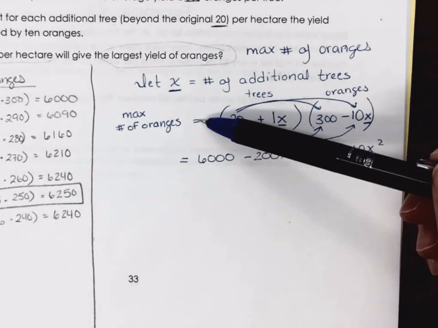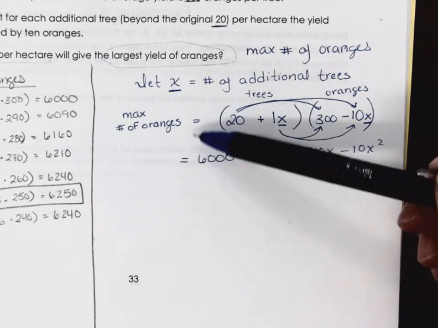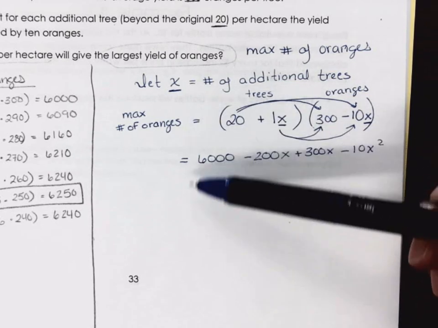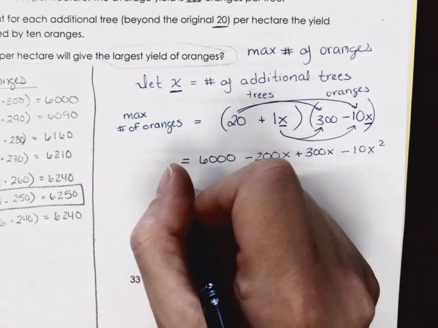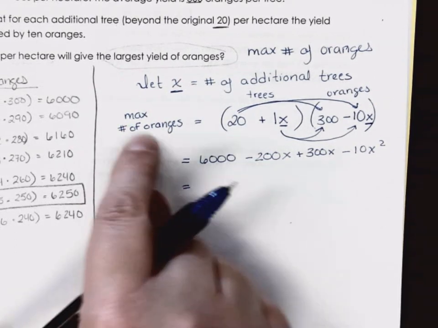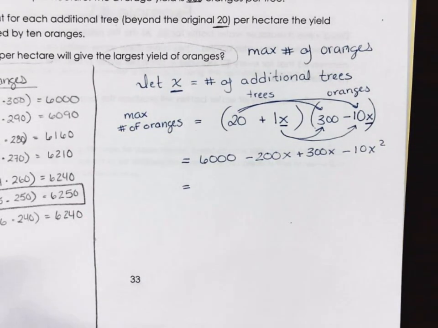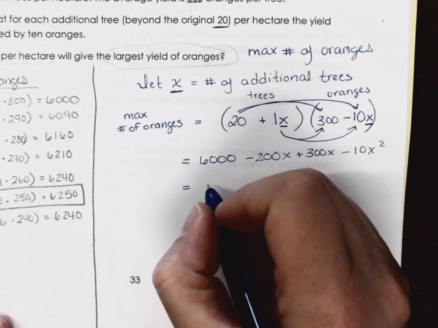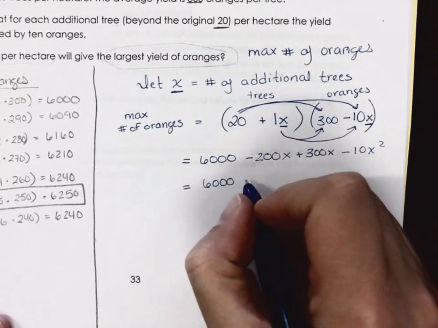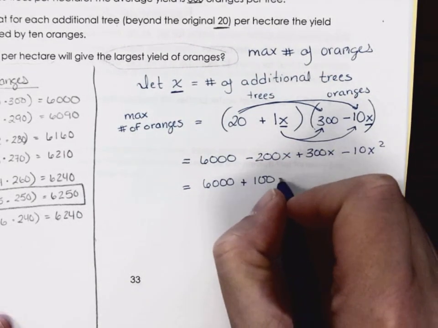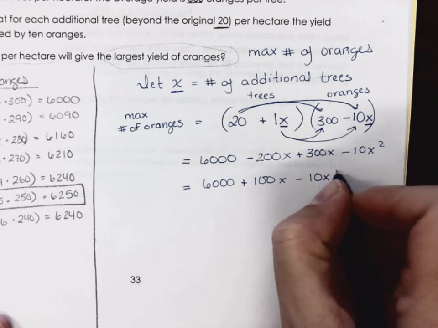Okay, if I start with an equal sign, that equal sign has to follow me down the page. If we haven't done any calculations on this side, you can just leave it blank. You don't have to write it in. So I'm going to have 6,000 plus 100x minus 10x squared.